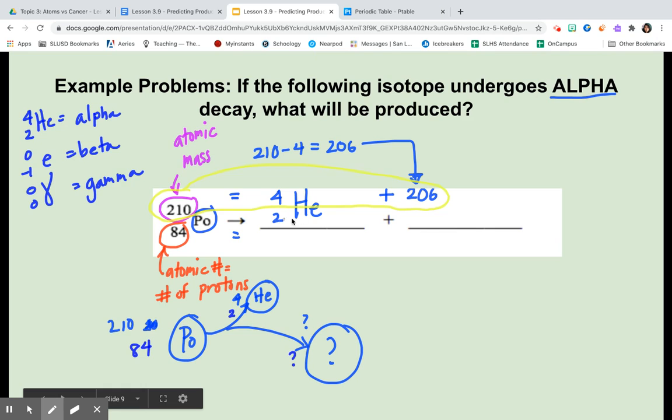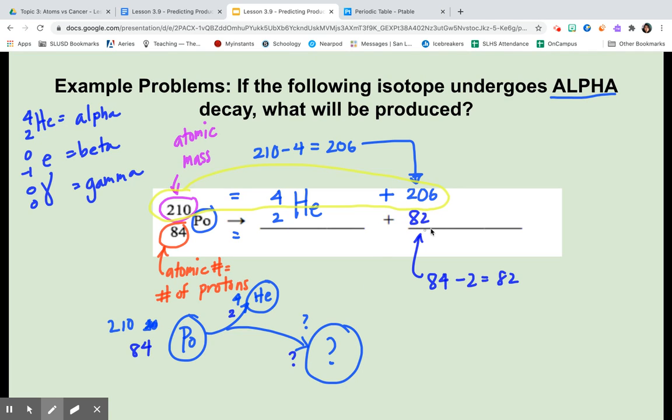So 2 plus what will give me 84? Well, 2 plus 82 will give me 84. How did I figure that out? Well, I need to think what plus 2 will equal 84. Or I can also think 84 minus 2 will give me 82. So just working the opposite of each other.